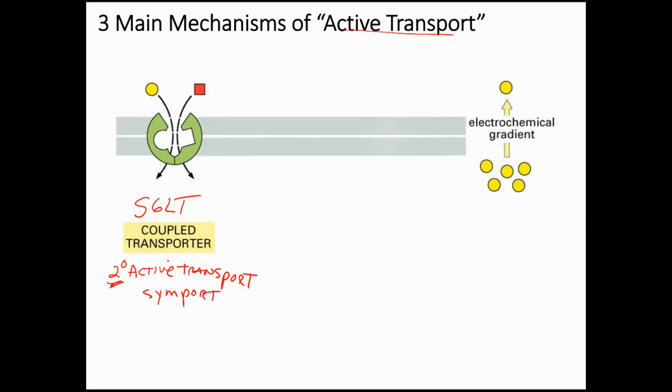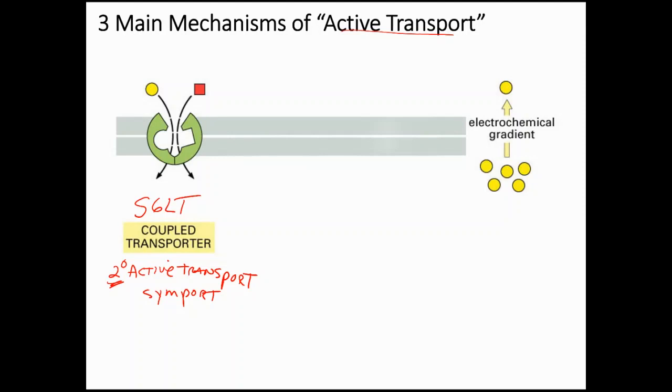So there are three major types of active transport, okay? A secondary active transport, such as the sodium glucose transporter. We've also talked about other mechanisms of active transport that, instead of using the sodium gradient, can use the proton gradient, correct?